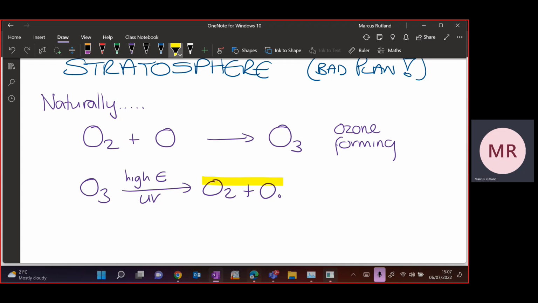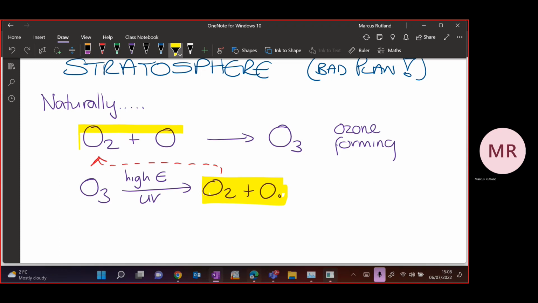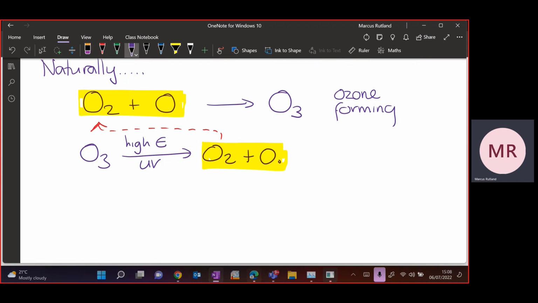And so we have these things that can then go back into being ozone again. So this is a cycle.